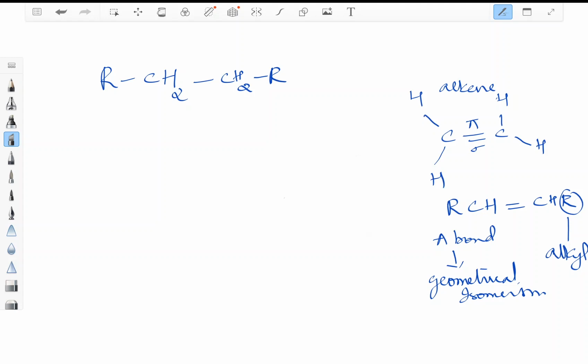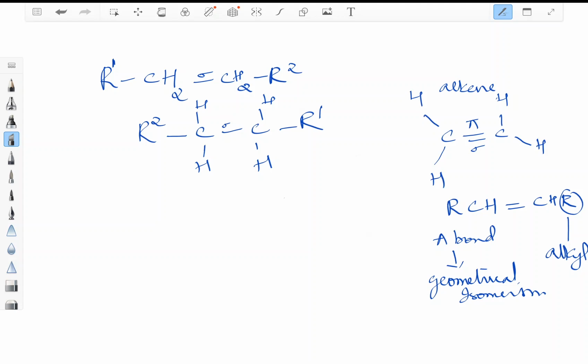Now what happens usually is, when there is presence of only sigma bonds in this compound, the rotation of the compound takes place, and this might be written as R C H H C H H R. So for identification, if this is R1 and R2, it will rotate completely, and this one will be R2 and R1 when there is rotation of the compound. This is the case when there is a sigma bond present.